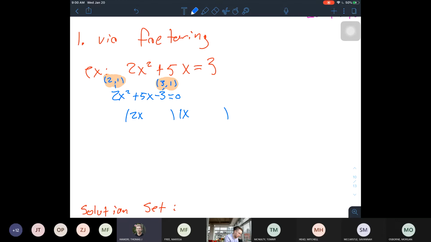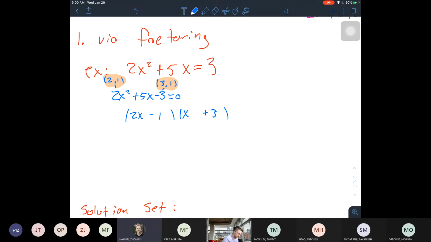Okay, so let's see here. I think we can do it with 6 minus 1 would be 5. So we want a plus 3 here to get our 6x, and then a minus 1 here to get our minus 1x.